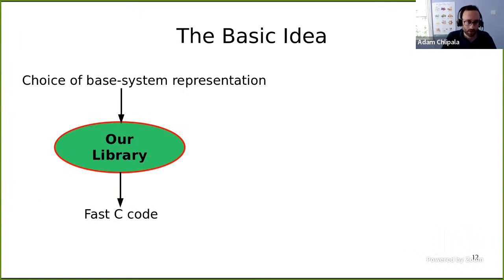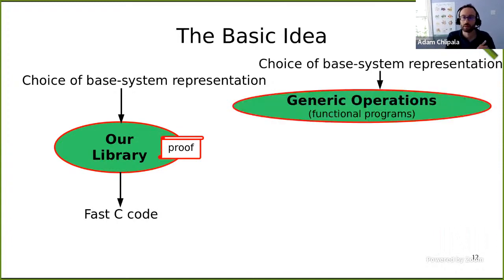So that's how our system works. We have this library of algorithms that's parameterized on these decisions of how to break big numbers into many digits, and we'll give you fast C code in the end. And the library itself has a proof that this is always going to be functionally correct. In more detail, when you choose the base system representation, that is providing a parameter to a library of generic operations, which are functional programs.